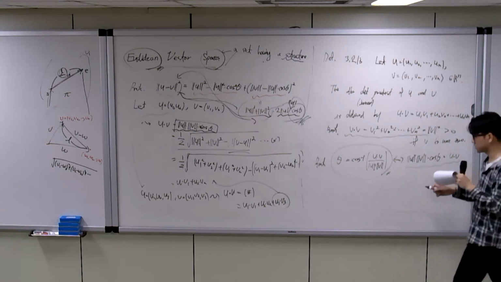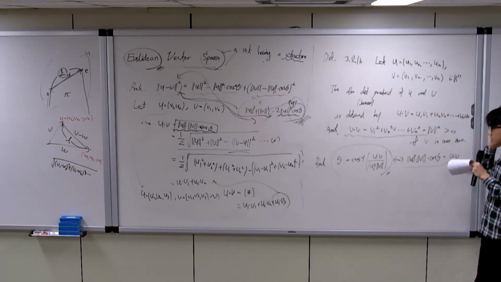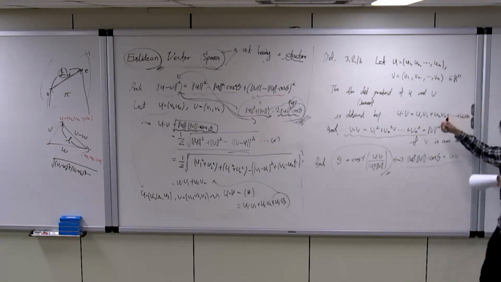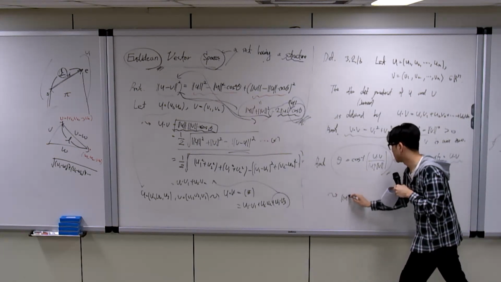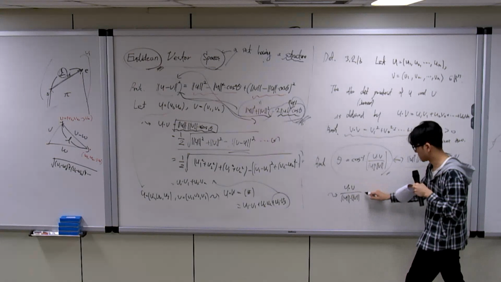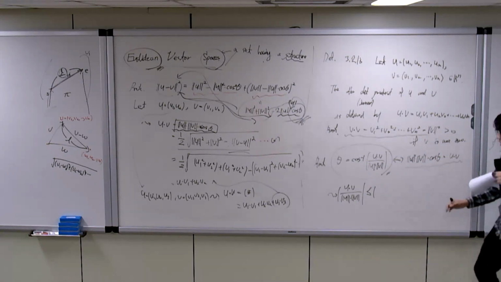And also, that means the cosine theta's image is in -1 to 1, so it also means the absolute value of the inner product of u and v over the product of the norms is less than or equal to 1.